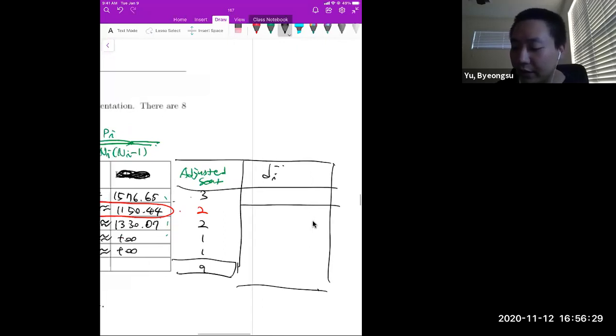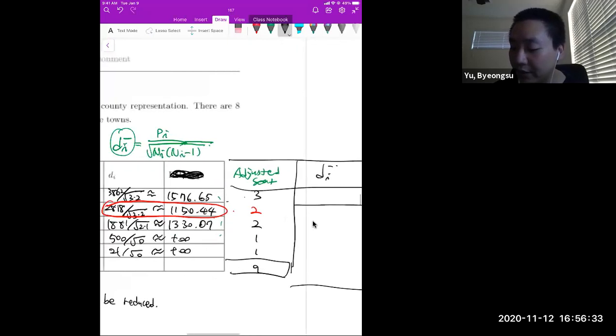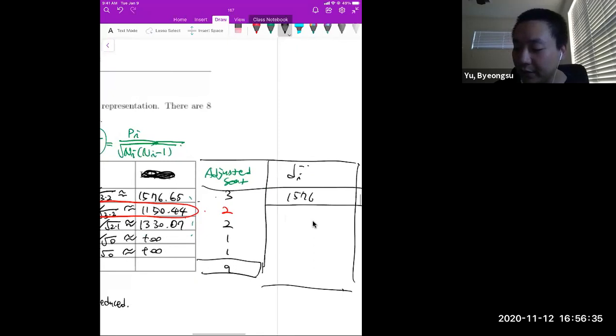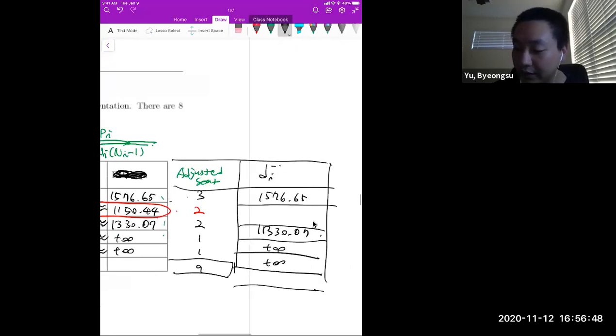All the numbers except the second line stay the same, but the second line should be calculated again. Now this one should be 2818 divided by the square root of 2 times 1, which is almost 1992.62.